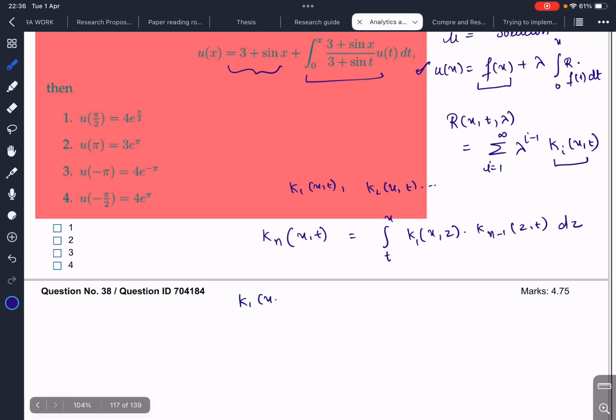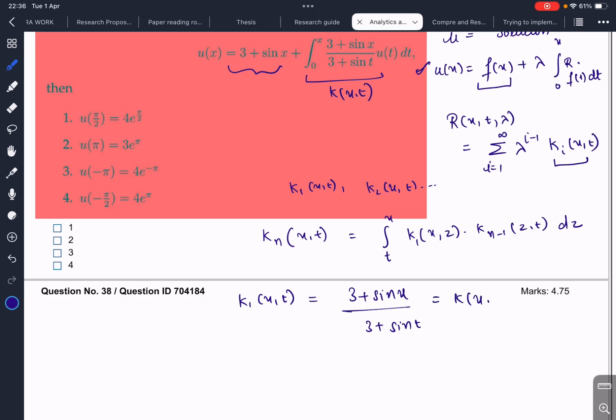K1(x,t) is nothing but the given kernel itself, which is 3 plus sin x upon 3 plus sin t. So this is the kernel K(x,t) and this is K1(x,t). Now what is K2(x,t)? According to this formula, K2(x,t) will be integral t to x of K1(x,z) into K1(z,t). So K1(x,z) will be 3 plus sin x upon 3 plus sin z, into K1(z,t).